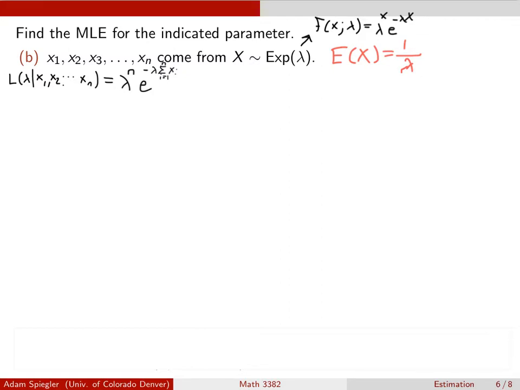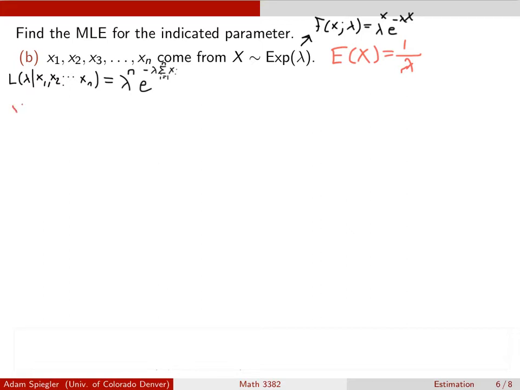Okay, so we want to find the maximum likelihood estimate. So what we need to do is figure out where the derivative of L is equal to 0. And in order to take the derivative of this product with respect to lambda, so now our variable is lambda, it's going to be kind of messy. So here's a nice little trick that we can do: I'm going to introduce a new function.